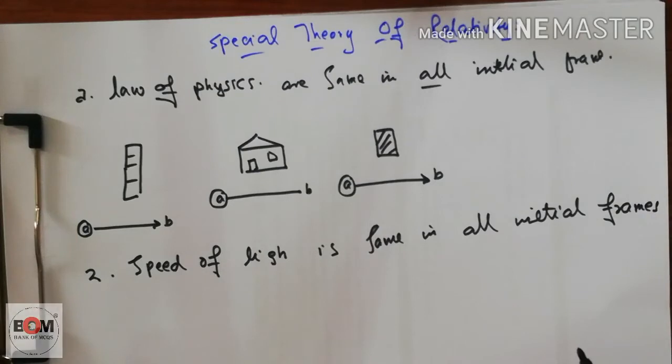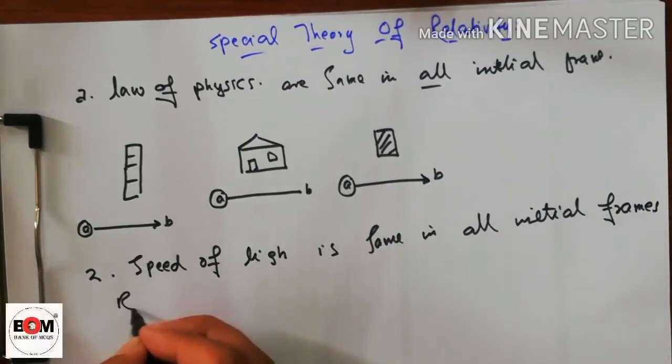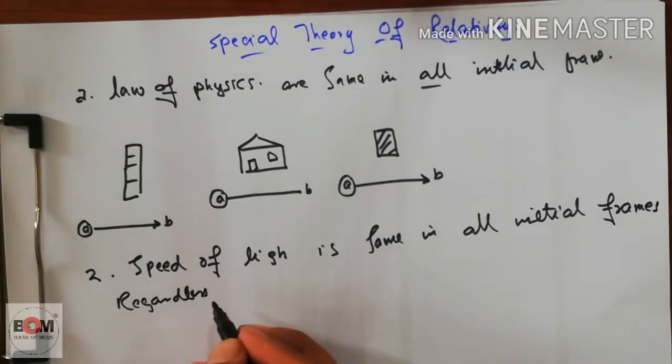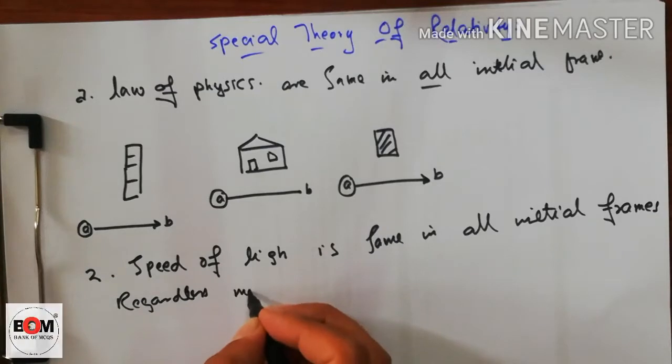This is the principle of constancy of speed of light. Regardless means it doesn't depend on the motion of source or observer.